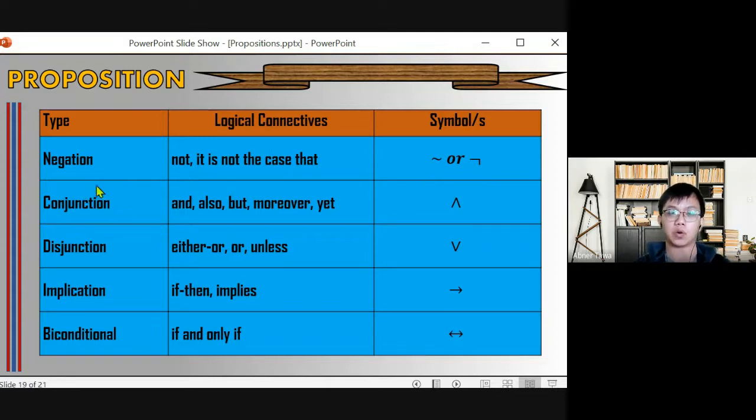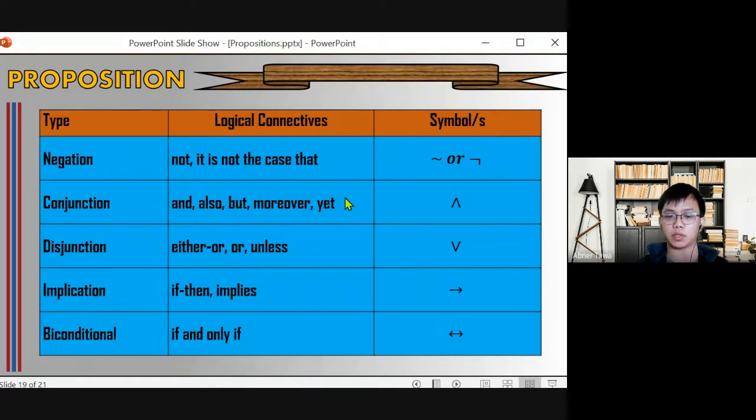And we have here the conjunction, and the connectives used for conjunction are the following, and also but, moreover, and yet. The parts of a conjunction, aside from subproposition, we can call conjuncts: first conjunct, second conjunct.